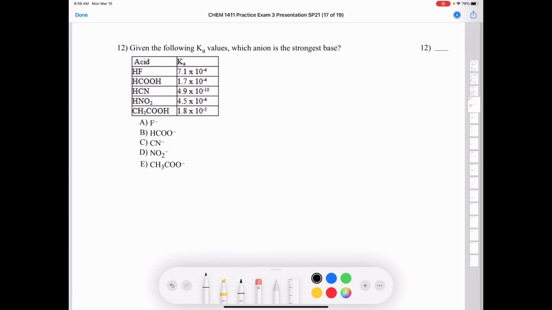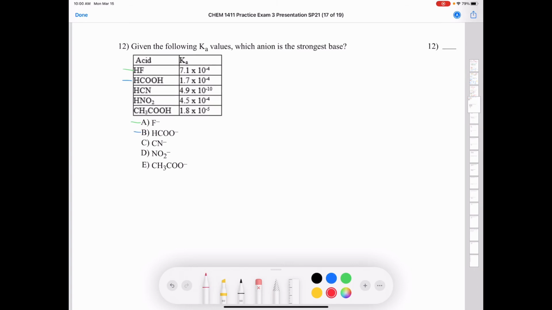Question number 12 says, given the following Ka values, which anion is the strongest base? So we have some acids here. We have hydrofluoric acid. We're given the Ka of hydrofluoric acid, which is 7.1 times 10 to the negative 4. And then we're given the conjugate base of hydrofluoric acid. Next we have formic acid. We're given its Ka, and we have the formate ion here.